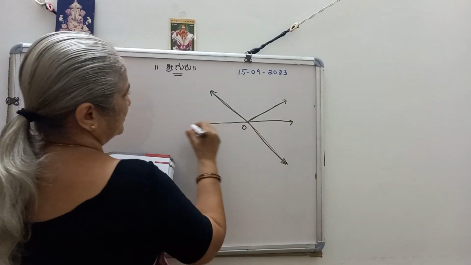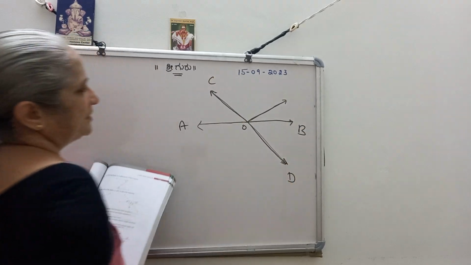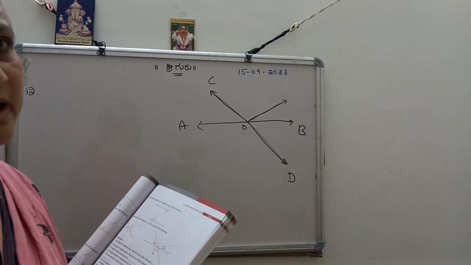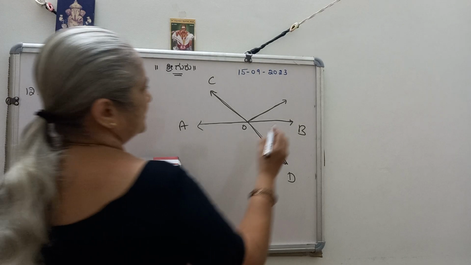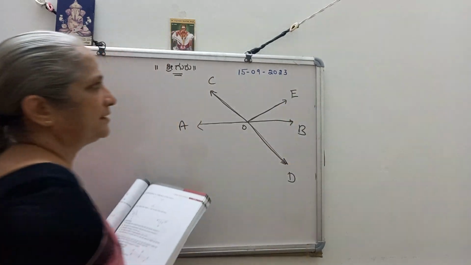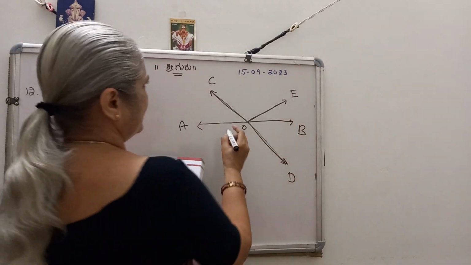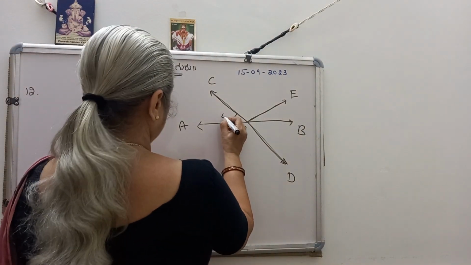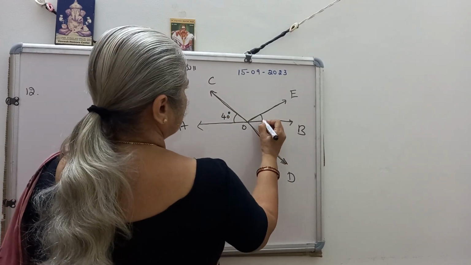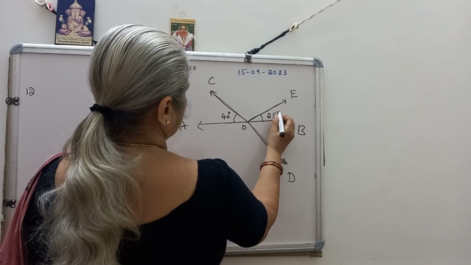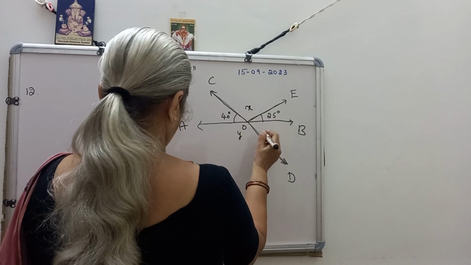This is O. AB and CD are two intersecting lines intersecting at the point O. And OE is the ray emerging from the point of intersection. It is given that AOC is equal to 40 degrees, EOB is equal to 25 degrees. We are asked to find angle Y, angle X, angle Z.